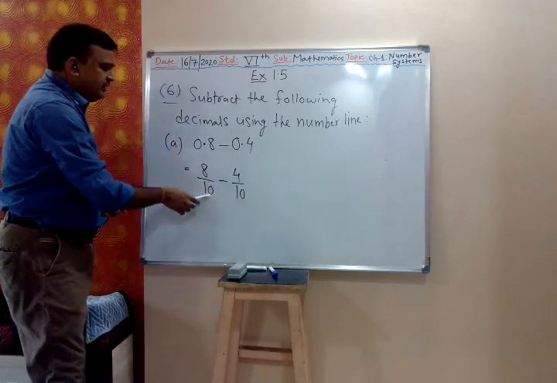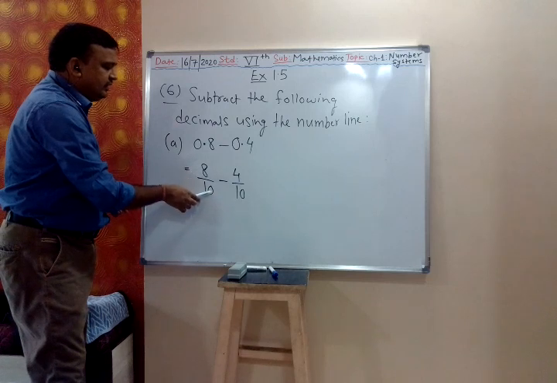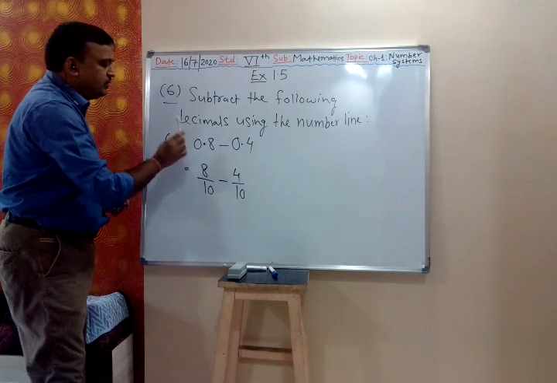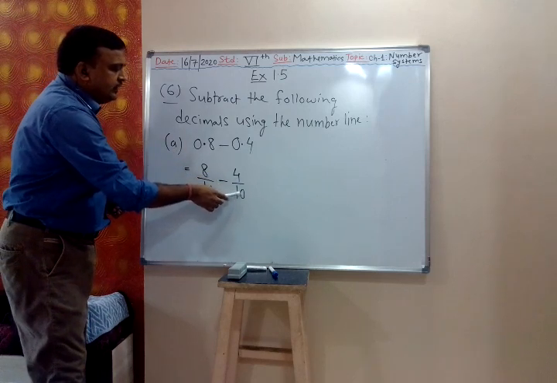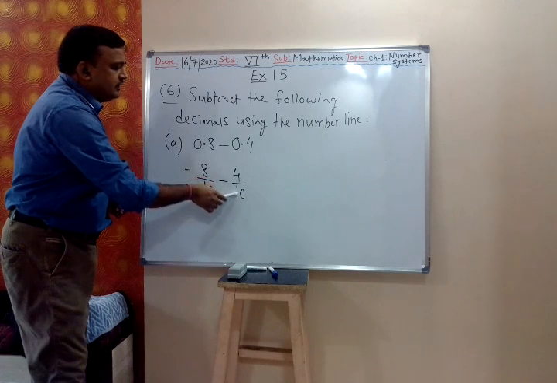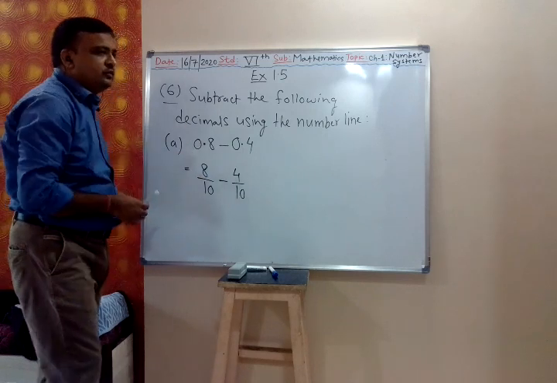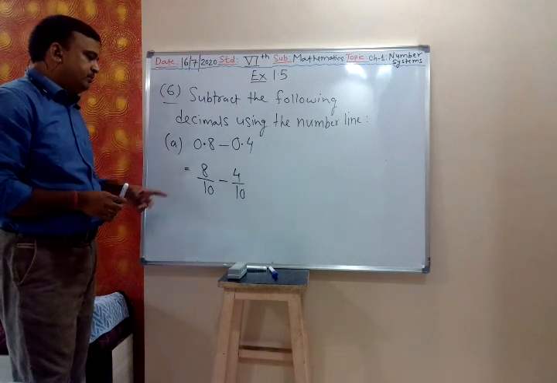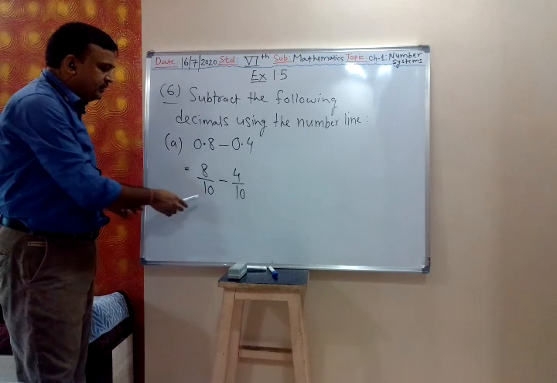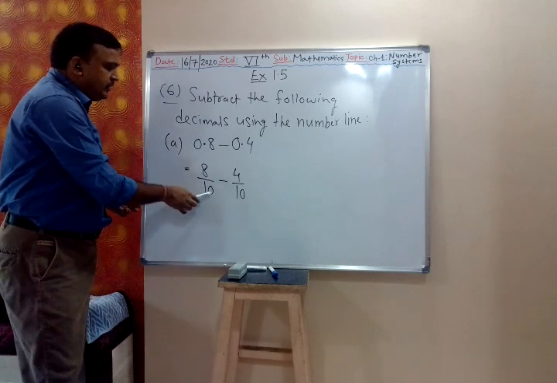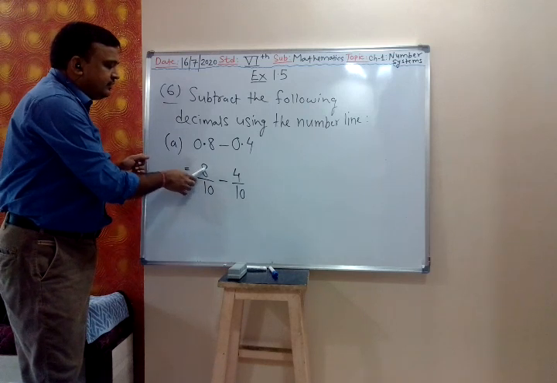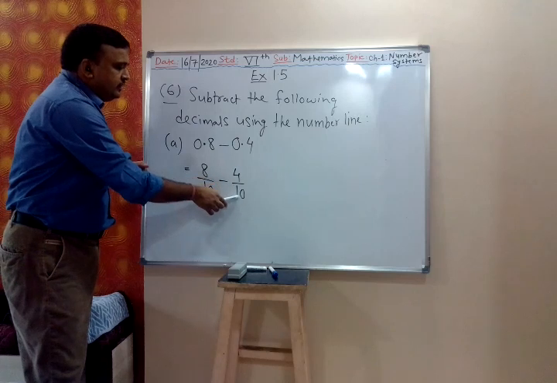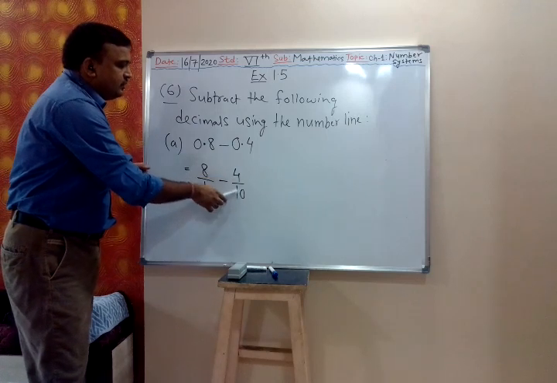The denominator is bigger, so this fraction will lie between 0 and 1. Again for 4 upon 10, the denominator is bigger, so this fraction will lie between 0 and 1. So now we divide the number line between 0 and 1 into 10 equal parts. Whenever the denominator is bigger, the fraction lies between 0 and 1.